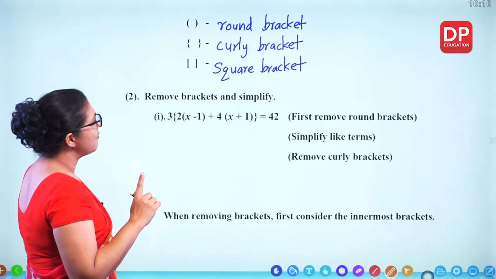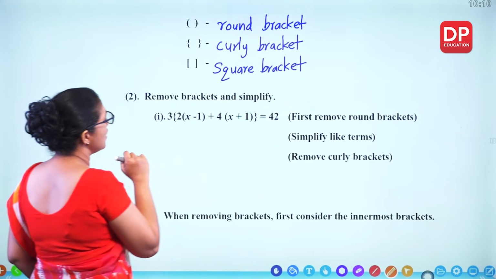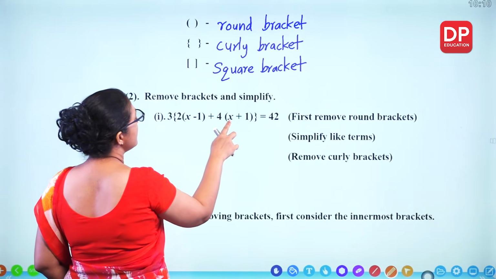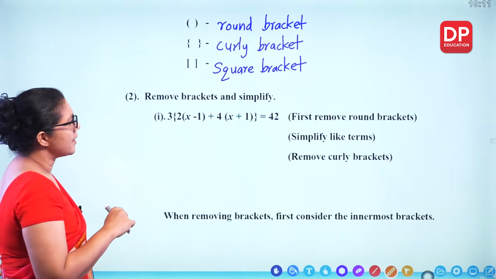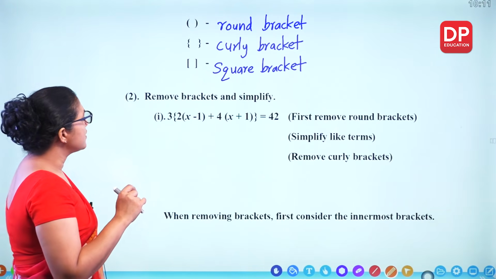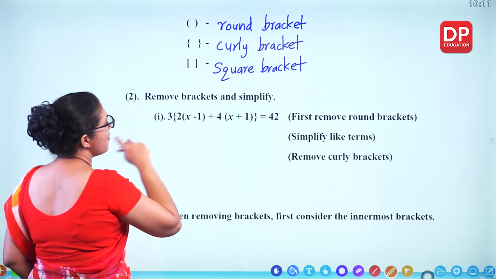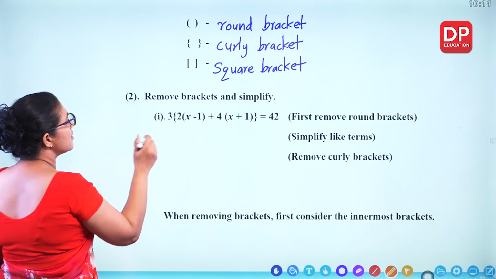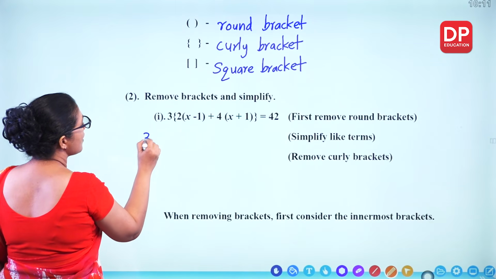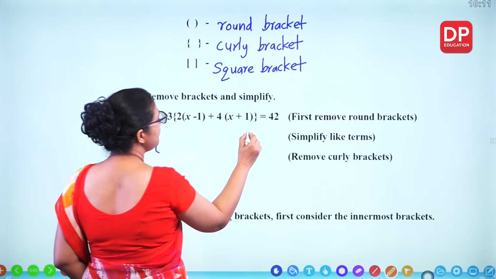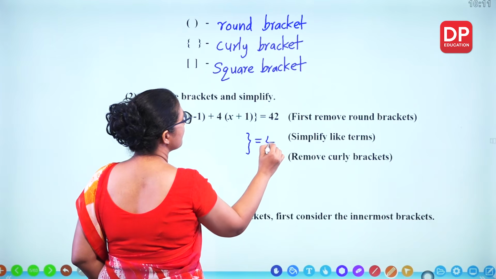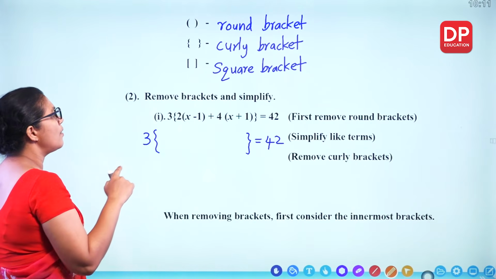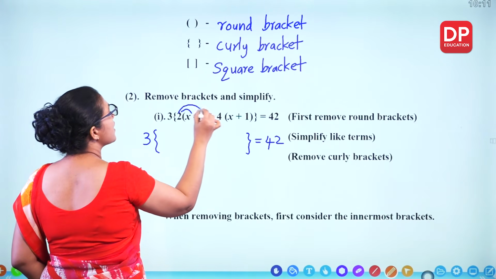Remove brackets and simplify. Now, in this equation, you get round brackets as well as curly brackets. So, first you remove the round brackets. So, what you do? Keep 3. And here only remove these brackets.